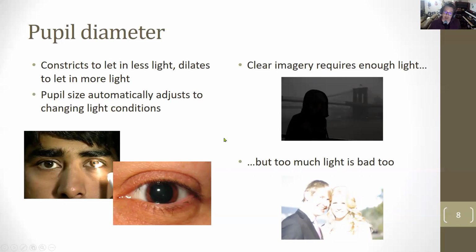The reason that's important is you need just the right amount of light. You need the right difference between the lights and the darks, the foreground and the background, the important and the extraneous, in order for your visual system to make out detail. So it adjusts to whatever the lighting levels are.